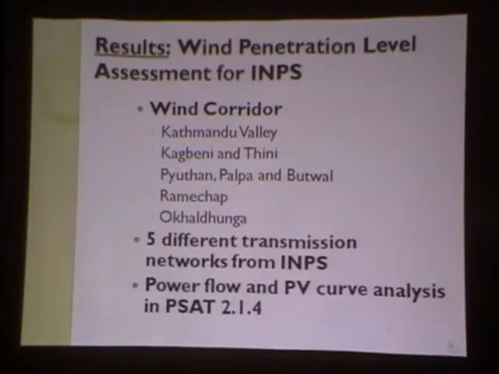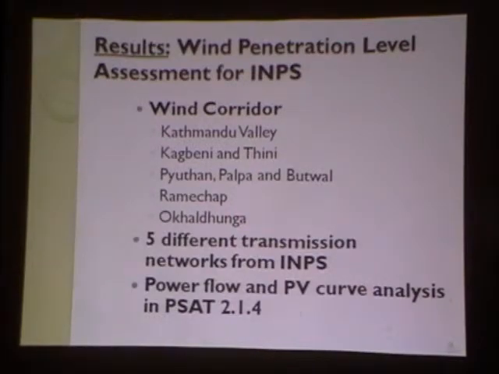Now for the penetration level assessment for the INPS, these were the corridors taken into account: Kathmandu Valley, Kagbeni and Thini, Yuthan, Palpa, Bujol, Ramechhap and Okhaldhunga. Those are 5 corridors. For those 5 corridors, 5 different transmission networks from the INPS were selected and designed for wind penetration levels. To select the different networks from the INPS, all lines were truncated, and the truncated parts were replaced by PV generators or loads as seen from the base case analysis.